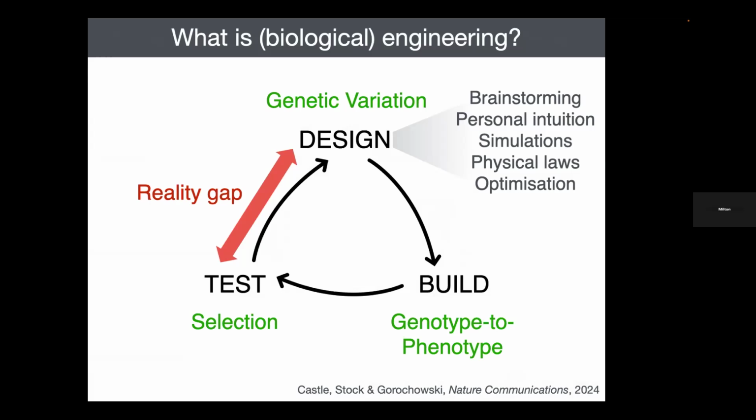So rather than us prescribing exactly what the design should be, we could use that inherent evolvability of biology to set up the genetic variations such that it's likely to go in the right direction to produce organisms that have specific features we think might be important to that function, and use clever ways of implementing selection, either artificially, so we might select out phenotypes we think are important and only breed those like we do in farming if we want to breed certain phenotypic traits, or potentially implement that selection by having the growth of that organism coupled to some specific function that we want, such that we then just allow evolution to effectively come up with a design that we want.